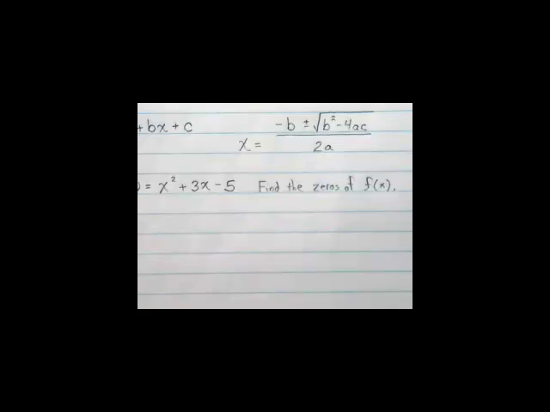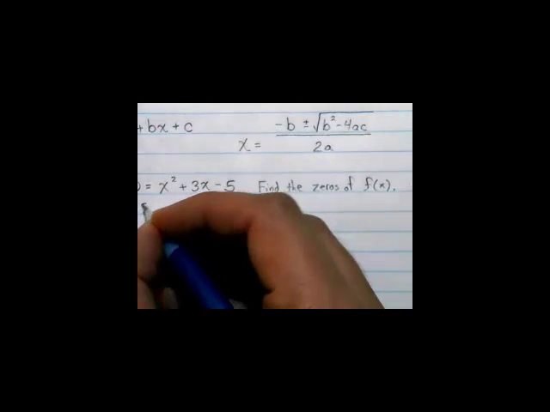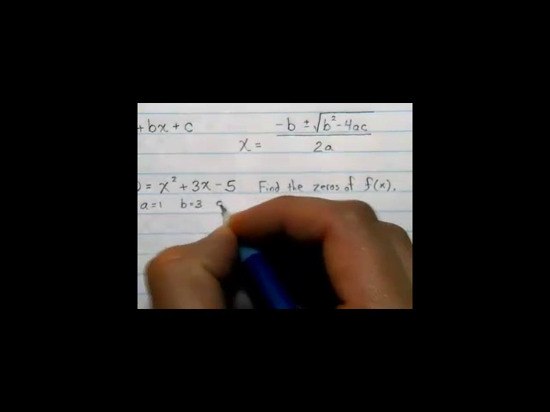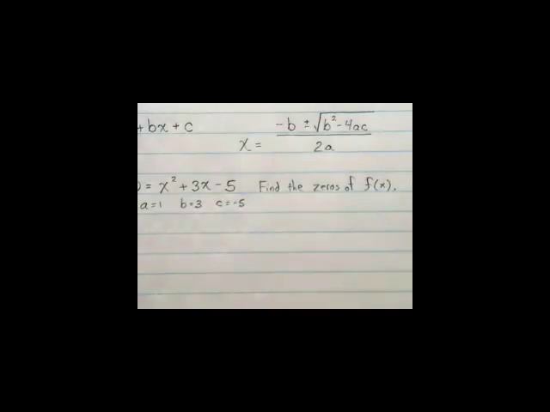Okay, so first things first, we have to identify the a, the b, and the c. So a is 1, b is 3, c is negative 5. So it's as easy as you think. You just take those 3 numbers, plug them in to that formula.